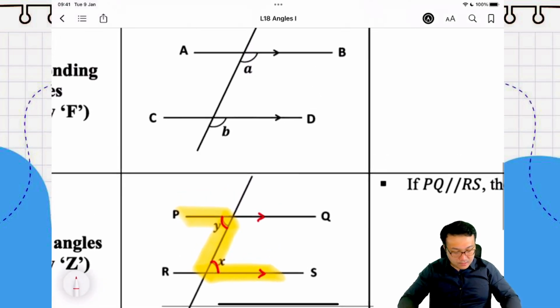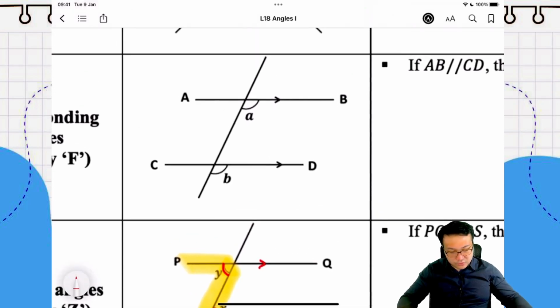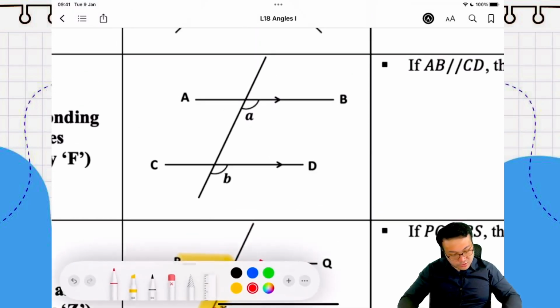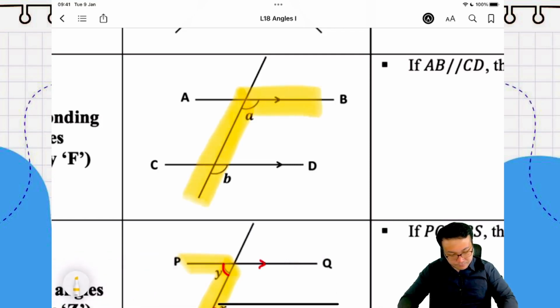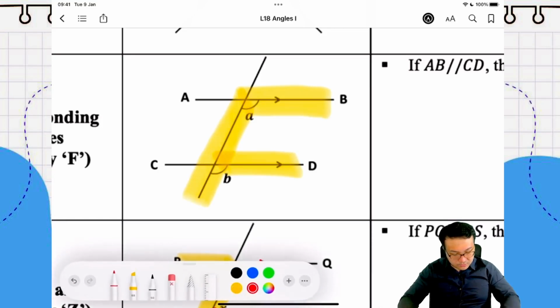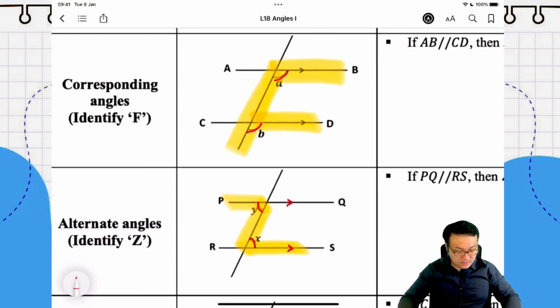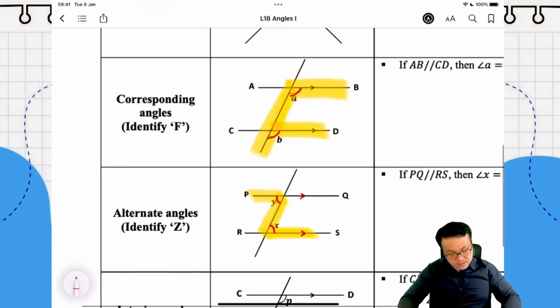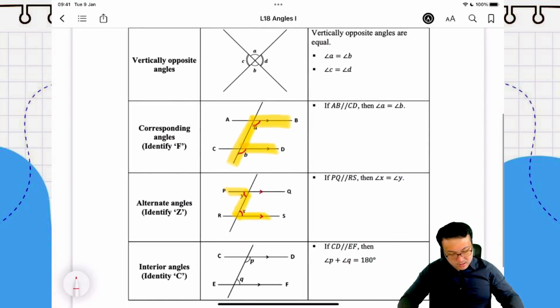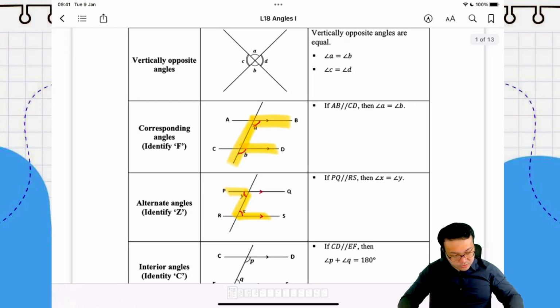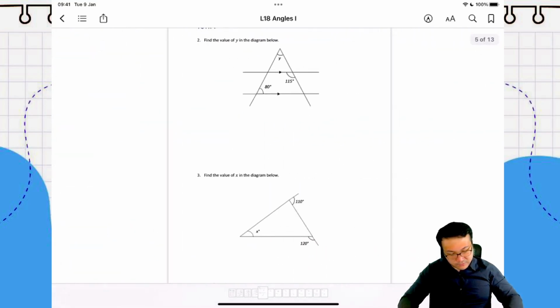For corresponding angles, you don't have to draw any letter, but if you want, you can draw a letter F. You notice that the angles inside the letter F are the same. So this is called corresponding angles, and this is called alternate angles. Let's just make use of these two rules. I think this is all you need for the next question.